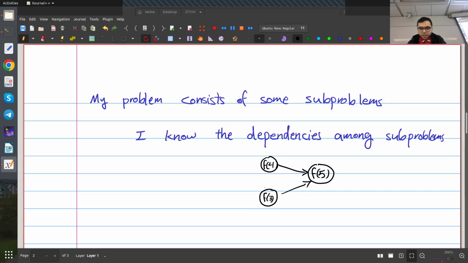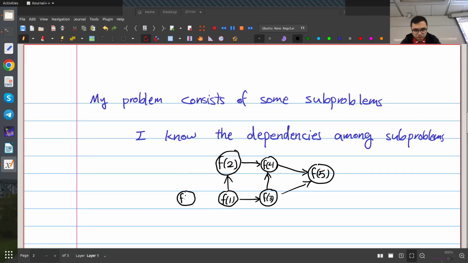And then f of 4 itself, it depends on f of 3, but it also needs f of 2 to be calculated. So f of 2 and f of 3 should be calculated before f of 4. And then I have f of 1 here, which has to be used for both 3 and 2, right? And then I have f of 0, which is only used for f of 2.